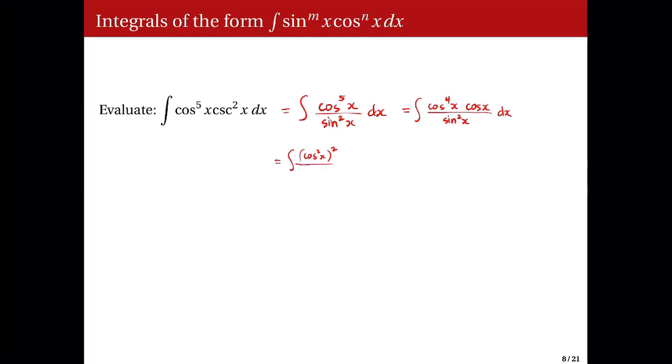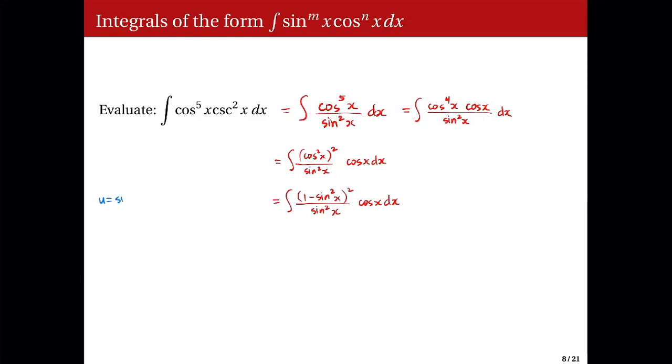Then I'll put the sine squared here, and I'll separate this cosine and write it right beside the dx. So we have here cosine x dx. Now we are ready to change this cosine squared x into something in terms of sine. We will have 1 minus sine squared x quantity squared divided by sine squared x, and then you have your cosine x dx.